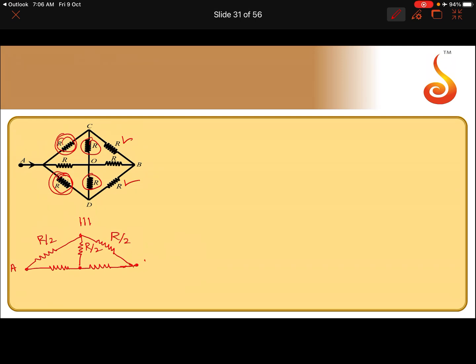So this is A, this is B, but we need to find between A and O. So this is input, this is output, right? Now this is R, this is R. So we need to find between A and O. Now this R and R by 2, they are in series.